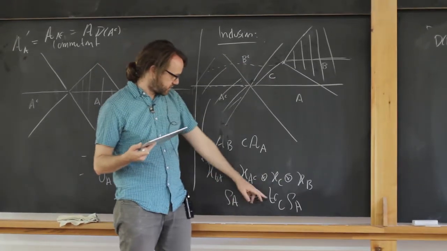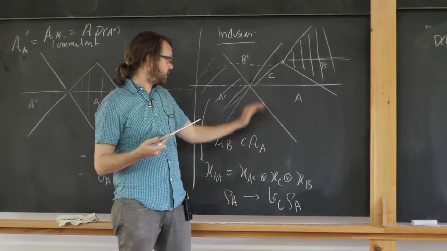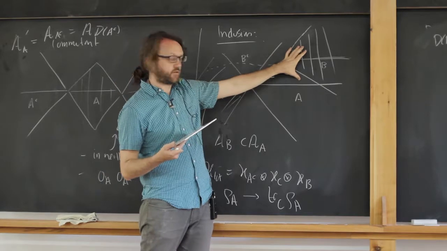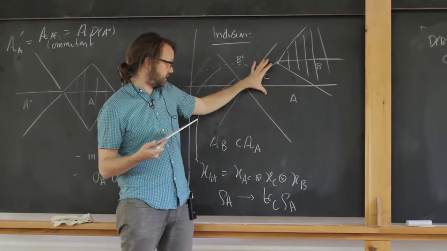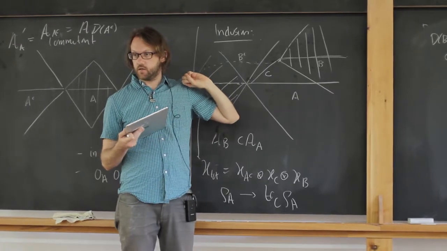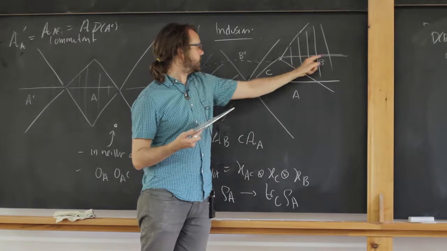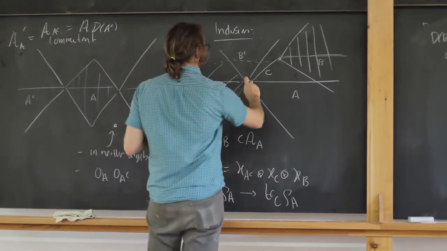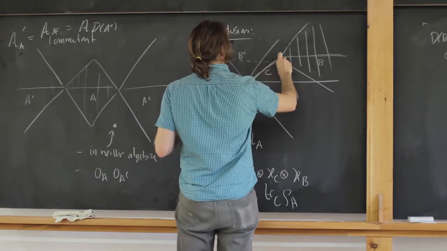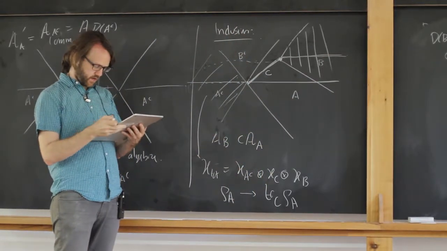And then you would trace over C to go from rho A to rho B. Whereas in this other language, you just restrict to different observables, ones associated to the A region and ones associated to the B region. C is just this line here.